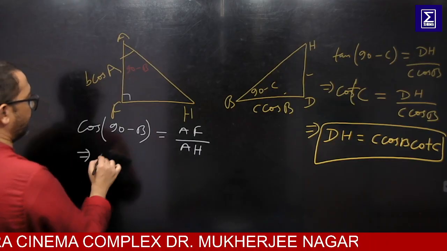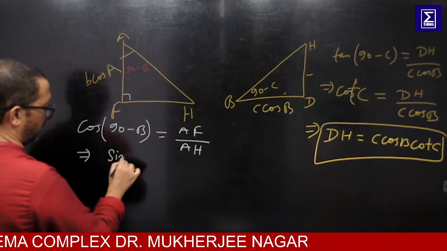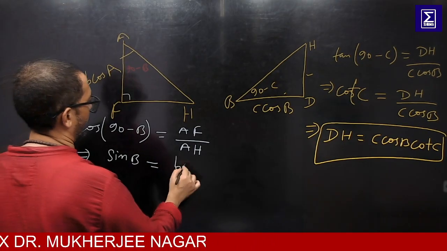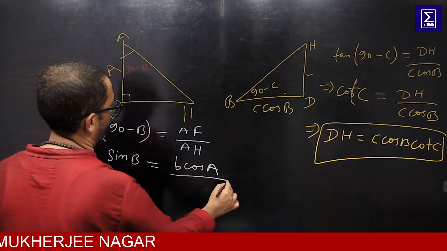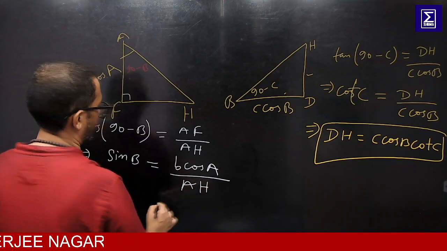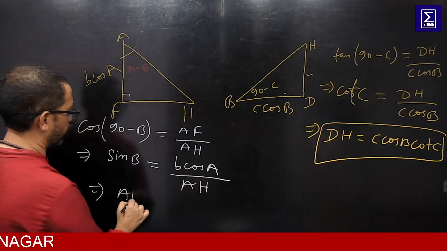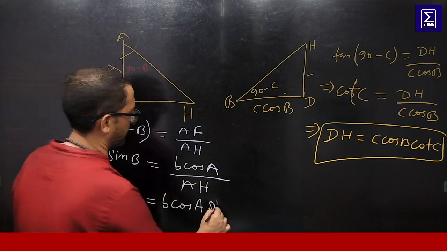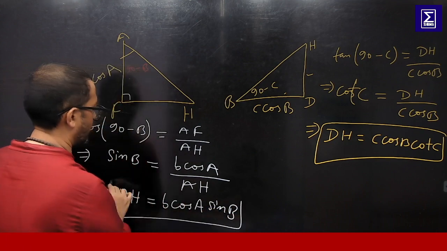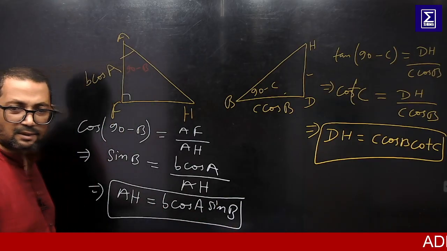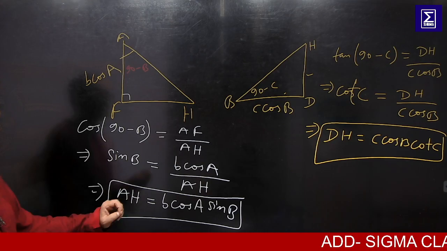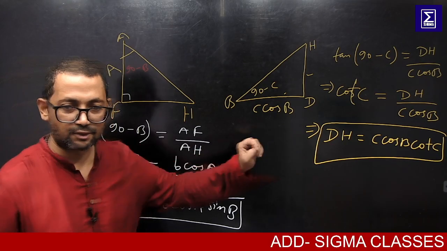So cos 90 minus B, which is sin B, is equal to AF, which is b cos A, upon AH. So AH is nothing but b cos A upon sin B. Is that clear to you? So we got AH. We also got DH.